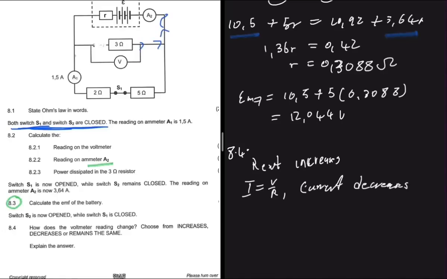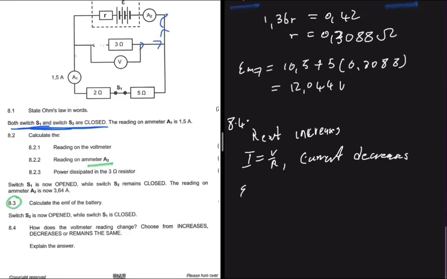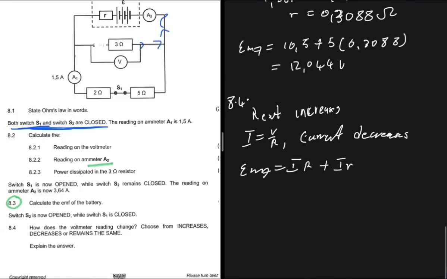If current decreases, EMF is equal to I multiplied by R plus I multiplied by the internal resistance. If the current decreases and our internal resistance stays the same, then V internal is going to decrease, right?